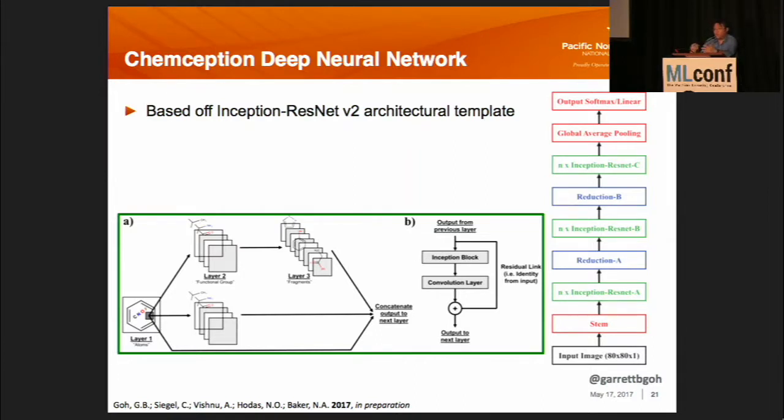So now I'm gonna go into some details about the convolutional neural network design, but it's gonna be pretty high level, to give you an intuitive feel of what the neural network might actually be doing. The first important thing in our design is the Inception module that's been developed by Google for GoogleNet.